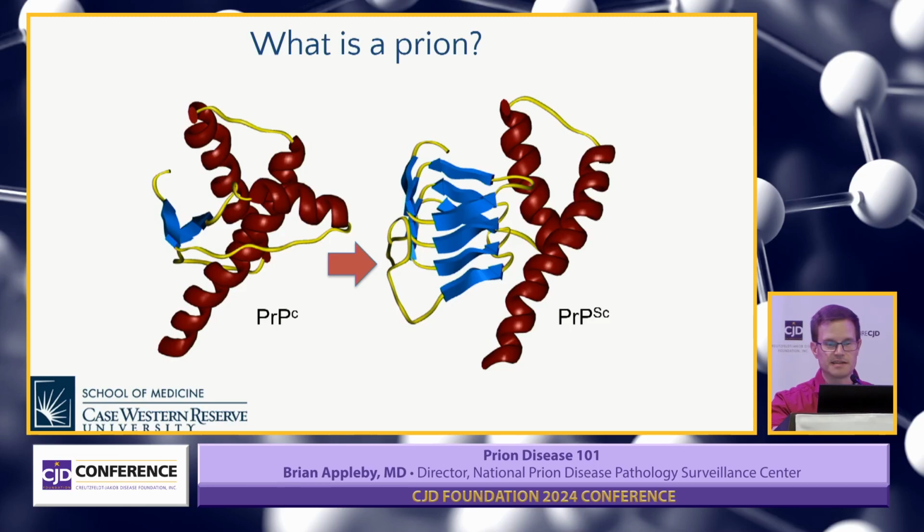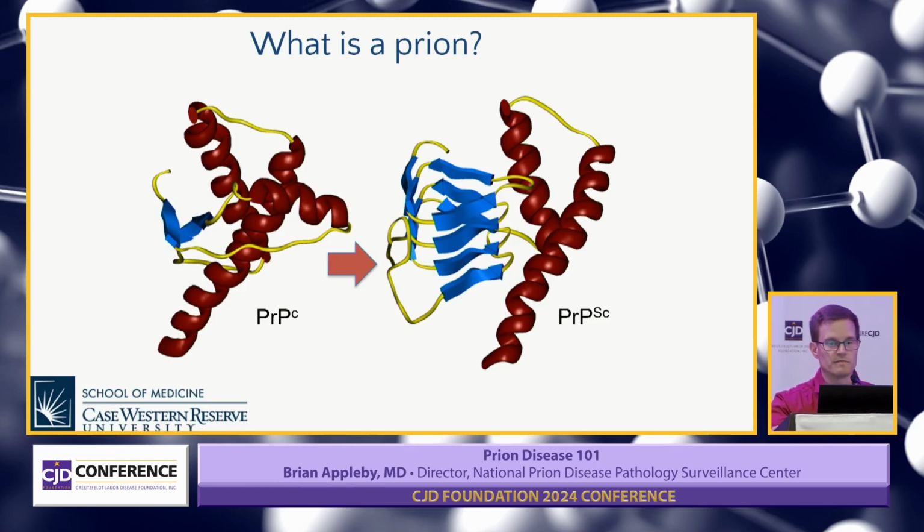You see it has a lot of these helices, and that's the foundation of the normal prion protein. We don't know exactly what it does, but it has a couple of functions, such as neuronal housekeeping functions. It binds to other molecules, but it's supposed to be there, and it's supposed to serve useful purposes. But in prion disease, unfortunately, its 3D structure changes shape.